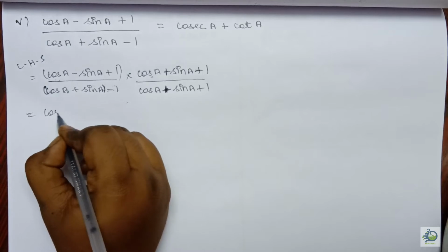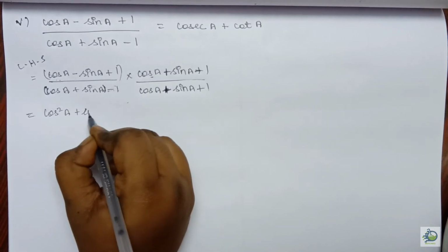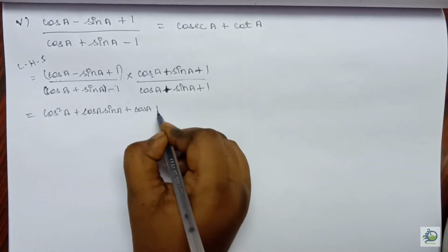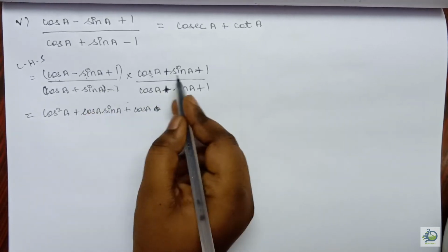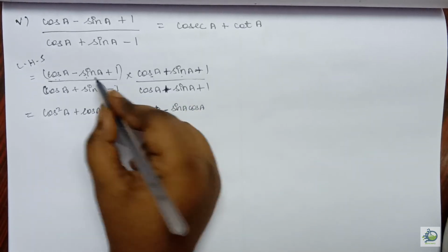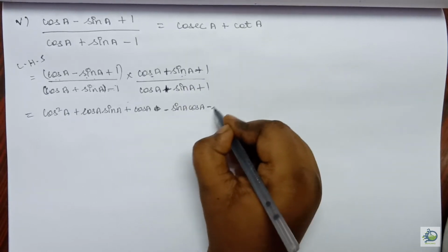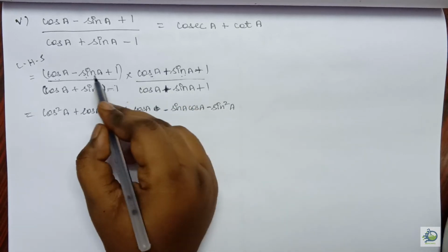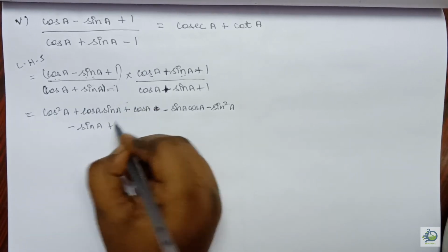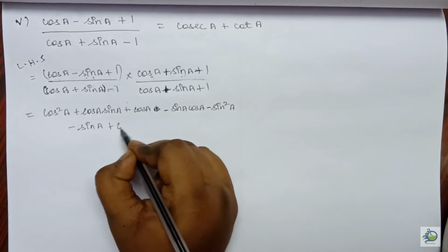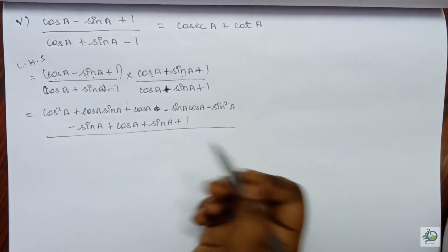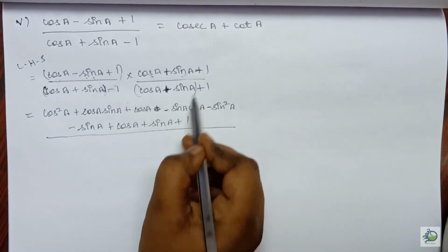So cos A into cos A is cos squared A. Cos A into sin A is cos A sin A, plus cos A into 1 is cos A, plus minus sin A into cos A is minus sin A cos A, minus sin A into plus sin A is minus sin squared A, minus sin A into 1 is minus sin A. And when we multiply 1 with these three terms, it is written as it is, so plus cos A plus sin A plus 1 divided by, here we can see that this is the A term and this is the B term.